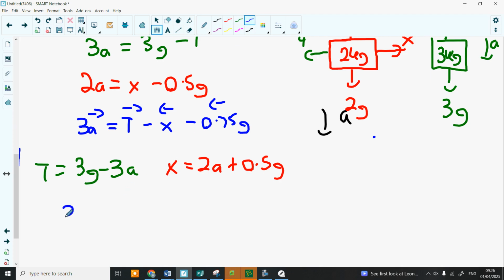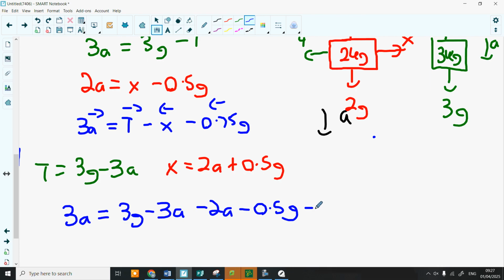What are we going to get here? 3a is 3g minus 3a, yeah? And after that, what is it? 2a minus 2a minus 0.5g and then minus 0.75g.